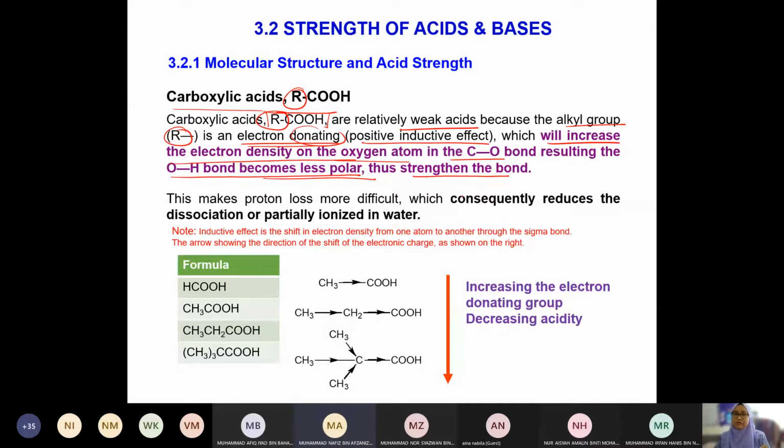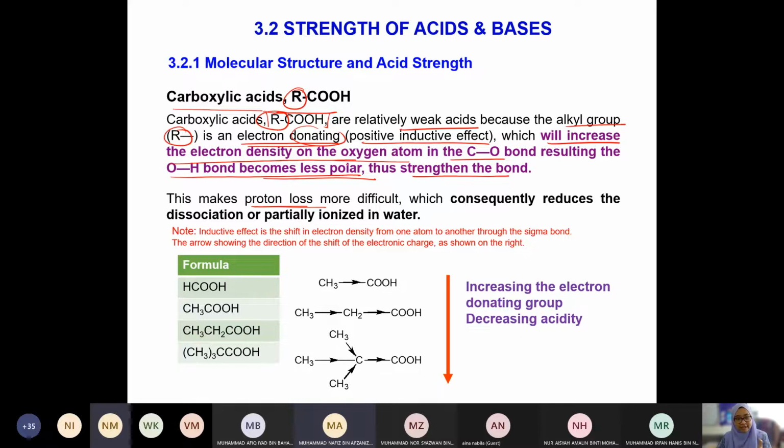Luckily we already covered oxo acid. In oxo acid, the oxygen behaves as an electron withdrawing or electron pulling group, so it pulls all the electron density from the bond. But this time it gives, it pushes. Okay, they donate. So this makes proton loss, and we want the proton to be easily removed. That is what we want.